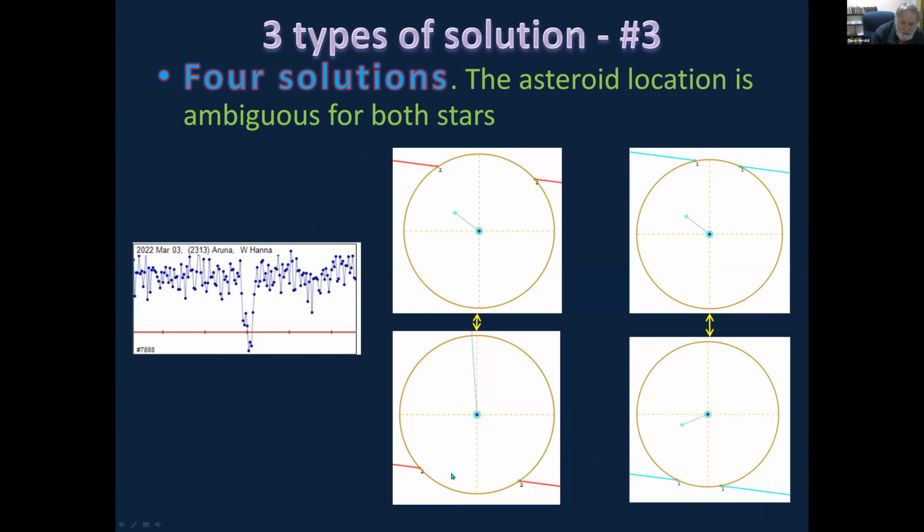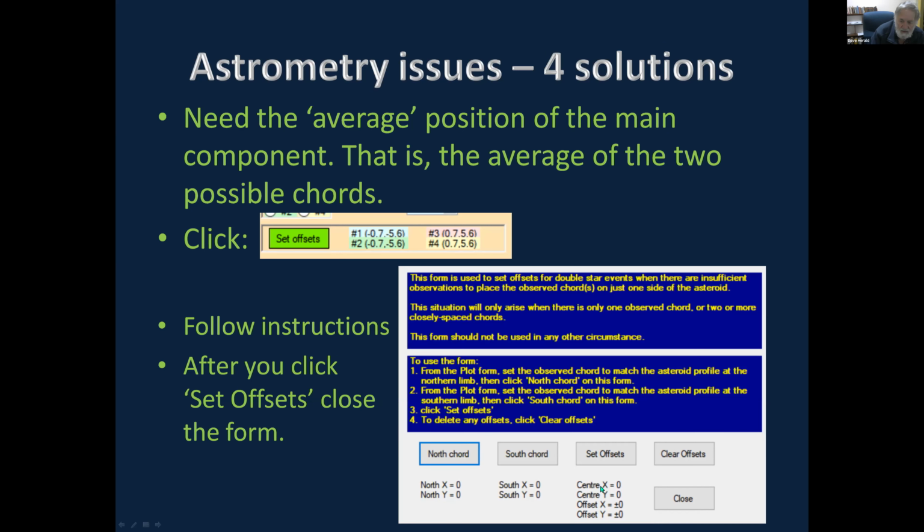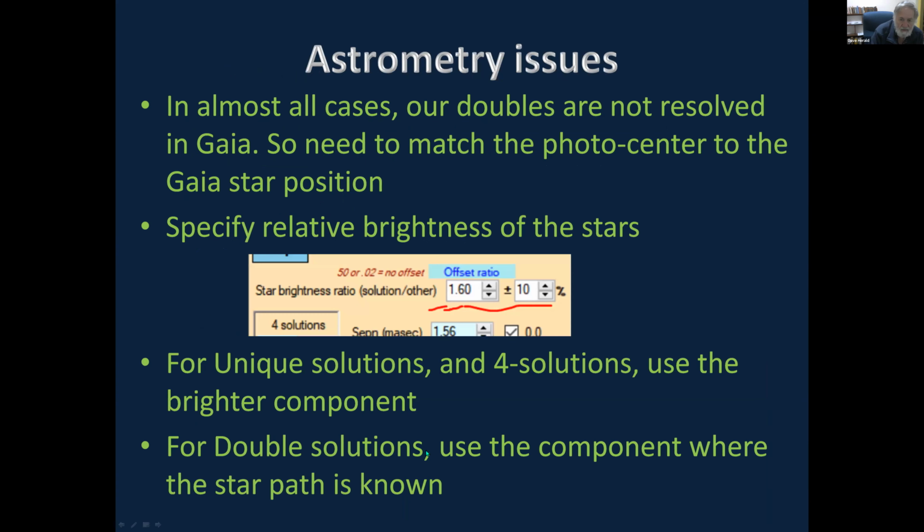Then fit the chord to the bottom side of the asteroid and click that button. Then click the button Set Offsets. When you do that, you'll have a set of numbers displayed, and they are offsets of the center of the asteroid from the relevant chord. Then you click the close button, and that will take you back to the main plot form.